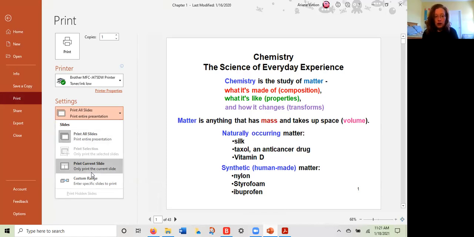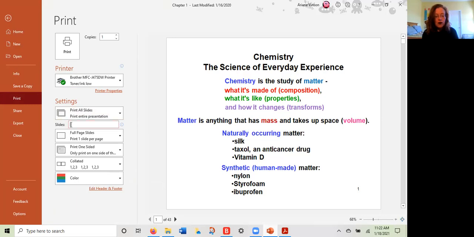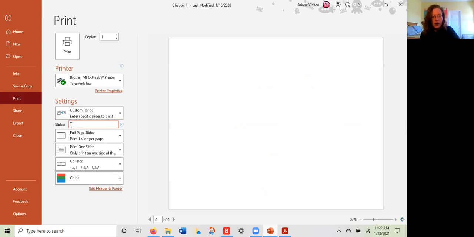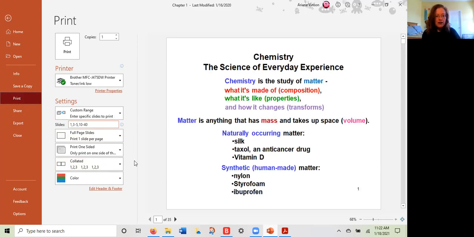So you could print the current slide that you're on, or I can type in here that I want, say, page 1, and then comma 3 through 5, comma 10 through, I don't know how many there are, 40 or something like that. And once I've done that, then I can hit print. And it will have skipped pages that maybe had a lot of extra ink or just had jokes on them, something to that effect, and you won't waste ink.